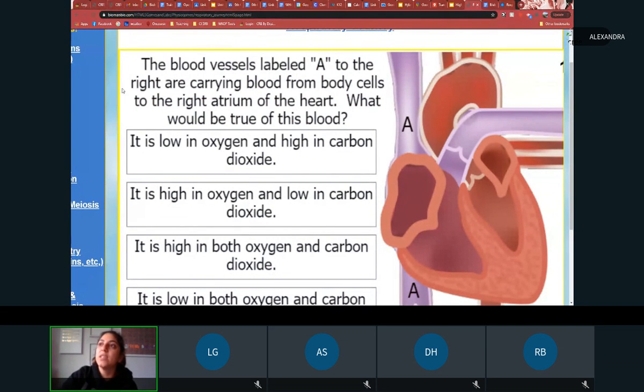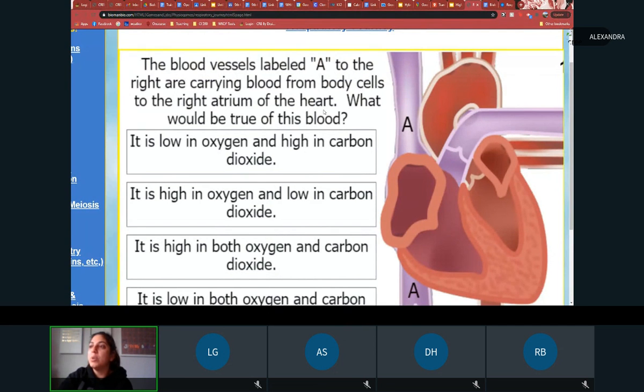So it says the blood vessels labeled A are carrying blood from body cells to the right atrium of the heart. What would be true of this blood? So specifically, the key words in this sentence are that the blood vessels are carrying blood from body cells to the right atrium of the heart.